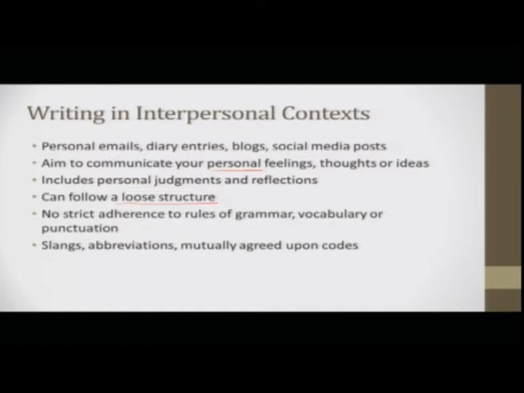So, we have looked at journalistic writing, creative writing, and interpersonal context. Comparing academic writing with these three, it is clear that academic writing is more formal, it has a clear structure, and then there are some conventions to follow.